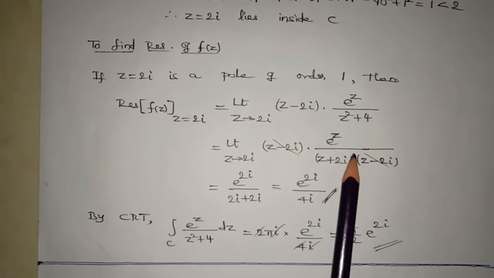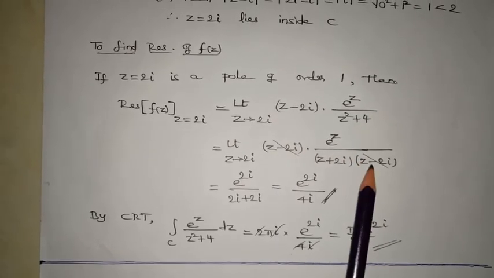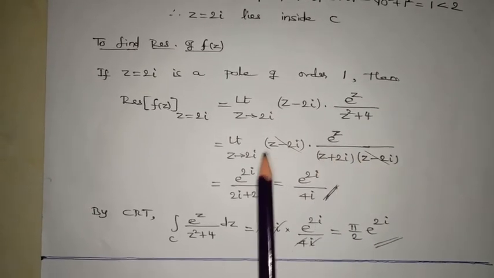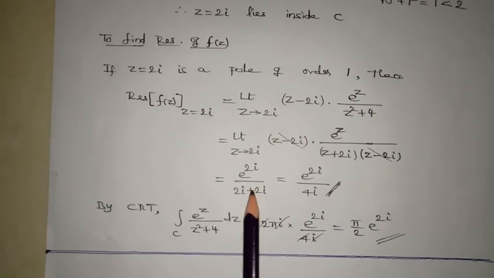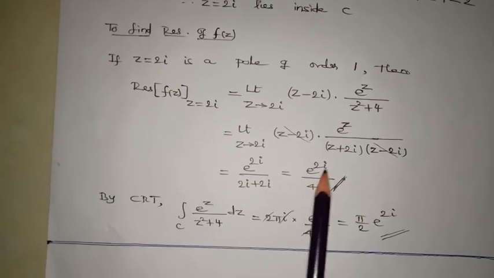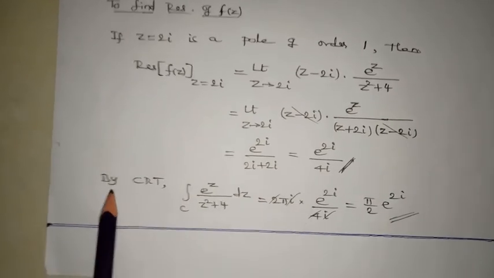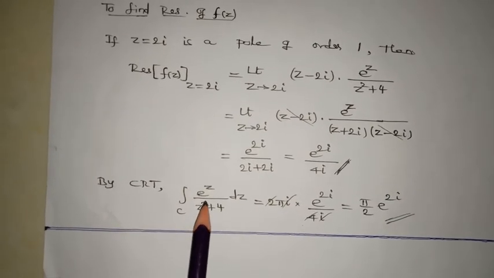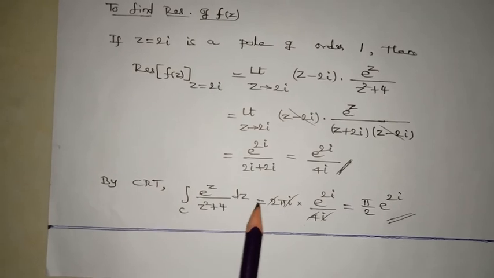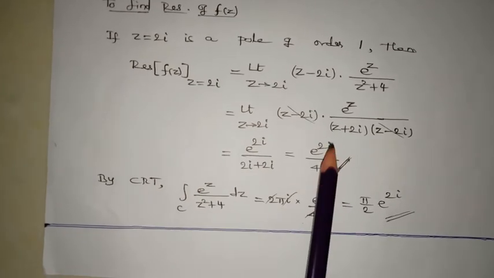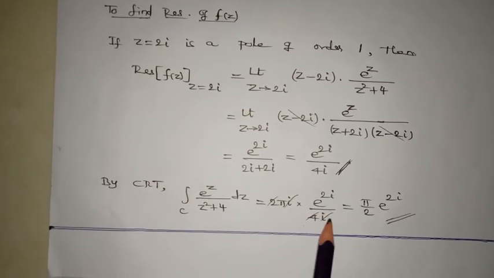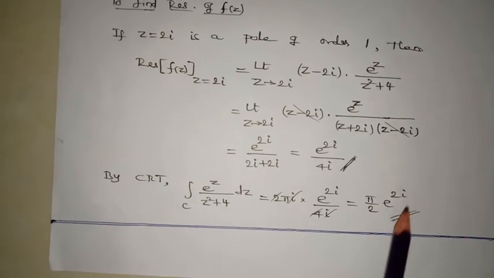Now cancel the same factor. After cancelling, apply the limit for what remains. After simplification you get this. The last step: by the Cauchy residue theorem, the integral over C of e power z by z square plus 4 dz equals 2 pi i into the sum of the residues. We got only one residue, so simplify and you get this answer.